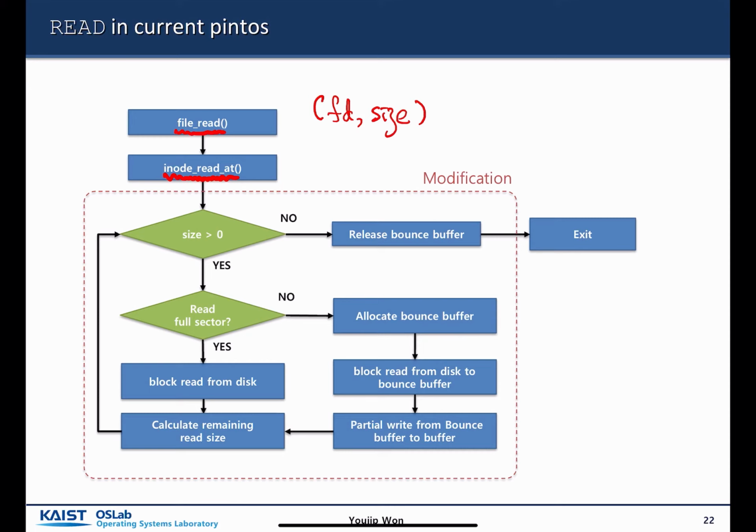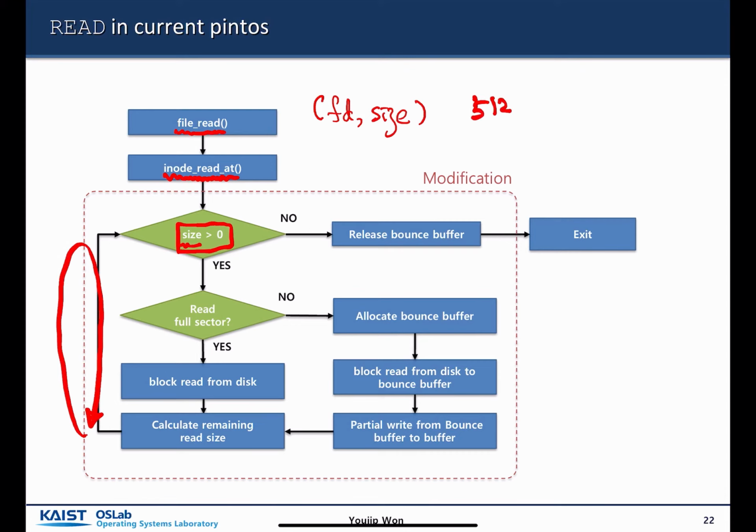There is a variable called size. Every time it reads from the disk, it reads 512 bytes. So it iterates this loop, reading and reading until it reads the amount of data that has been specified as a parameter to the file_read operation.